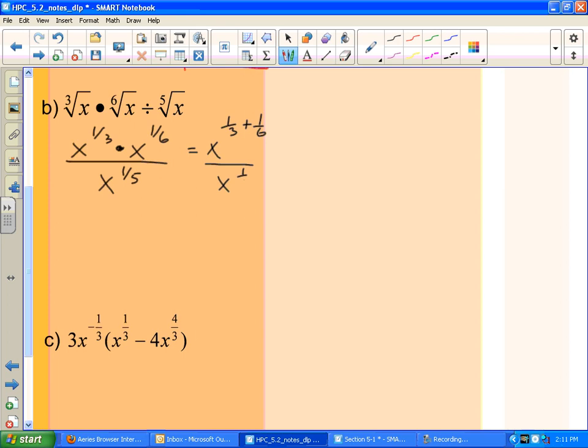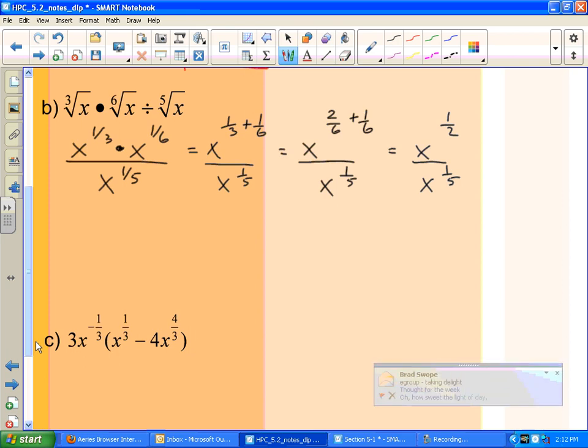All right, got a little work to do there. So common denominator, got to make that happen on the top. It's the same thing as saying x to the 2/6 plus 1/6, which is x to the 1/2 over x to the 1/5.